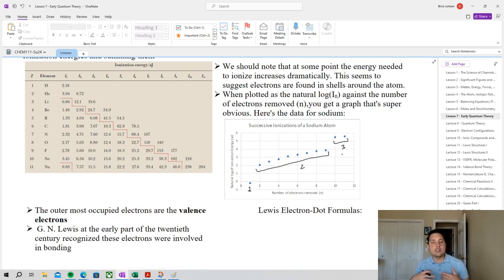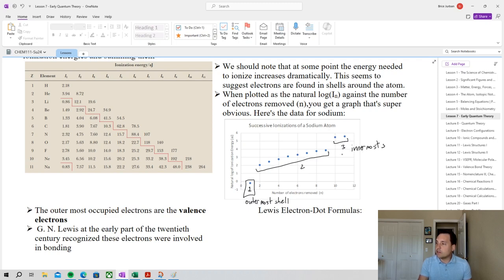Each of these regions is a different shell of the sodium atom. Down here is the first electron. This is in the outermost shell of sodium. And then these two electrons are held very, very tightly, and they have the highest energy requirement. These are the innermost shell.